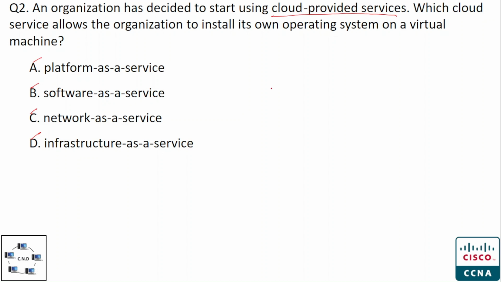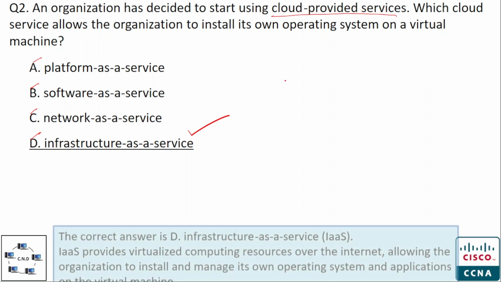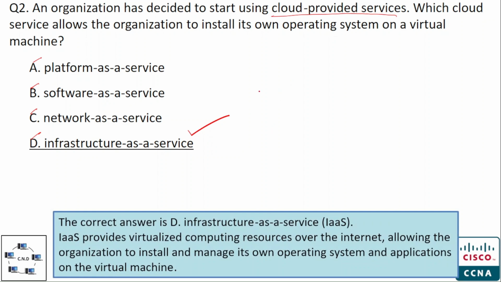And the correct option is option D, infrastructure as a service. So using infrastructure as a service, the client will be able to install and manage its own operating systems. So the correct answer is D, infrastructure as a service.